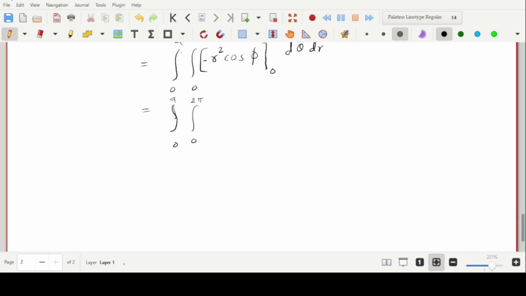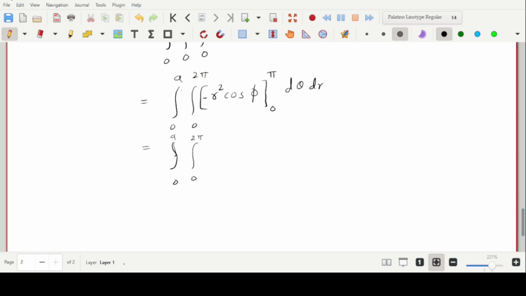This is negative r square cos phi from 0 to pi, meaning that we can change these limits and absorb this negative sign in this change of limits. So it will be like pi to 0.